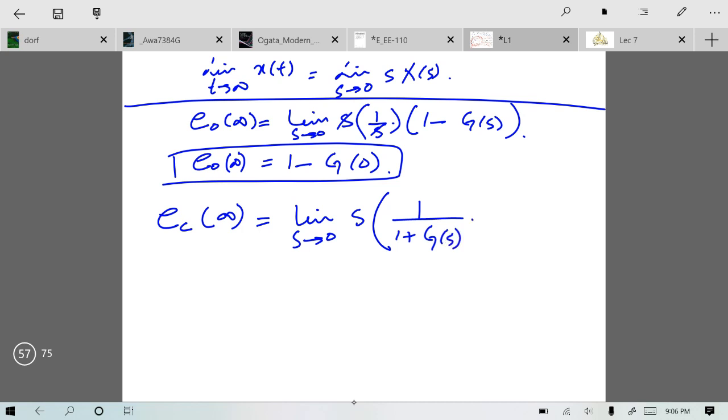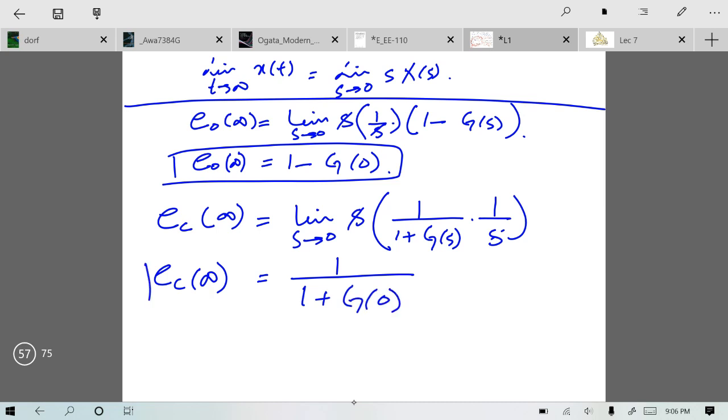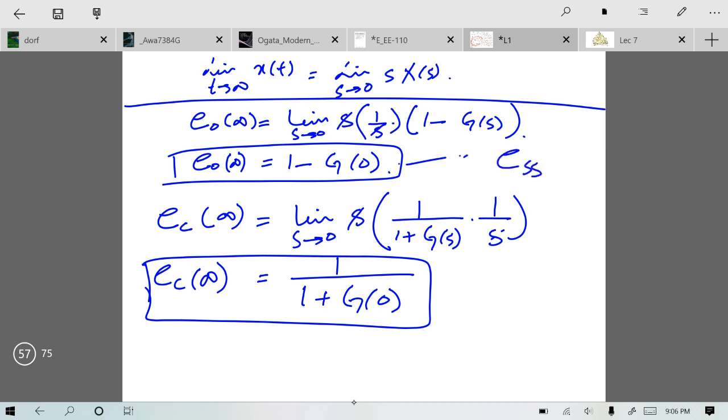What is R of s over here? R of s is 1 over s for a step input. So again, this s is cancelled with this s. The expression for the steady state error of a closed loop system is 1 over 1 plus G of 0. This is the steady state error for open loop, and this is the steady state error for a closed loop system.